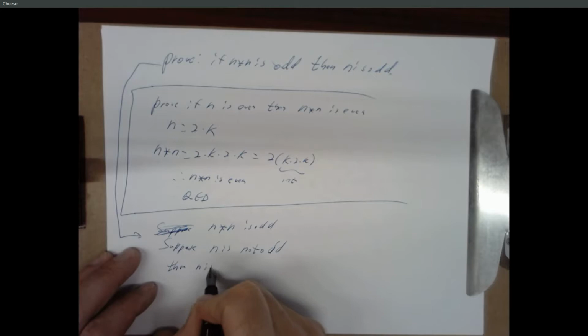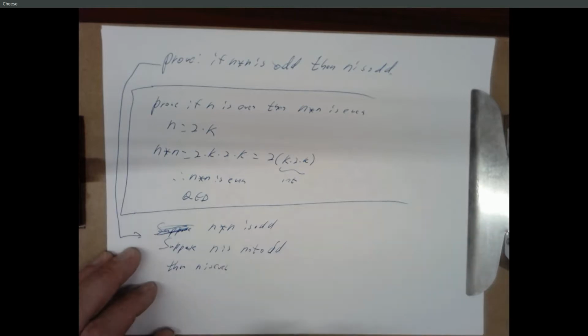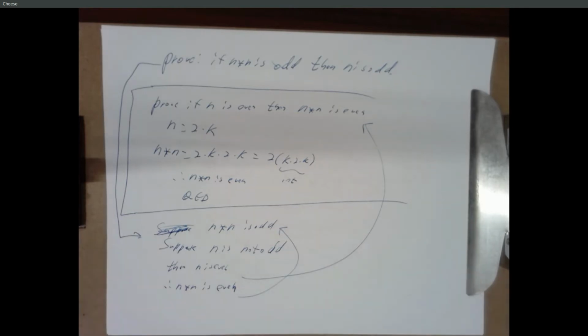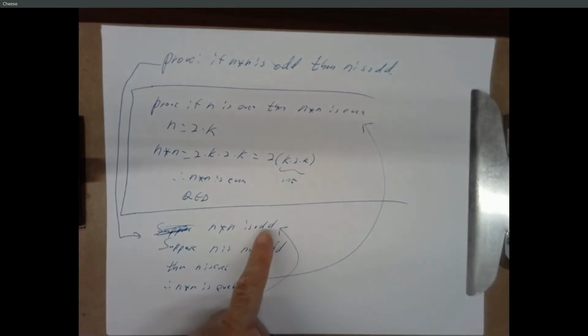That means n is even. But then by this theorem that we just proved, n times n is also even. And that's a contradiction of what we started with, which is n times n is odd. So assuming the negation of the hypothesis leads us to a contradiction, so the hypothesis must have been true. So n must be odd. Does that make sense?